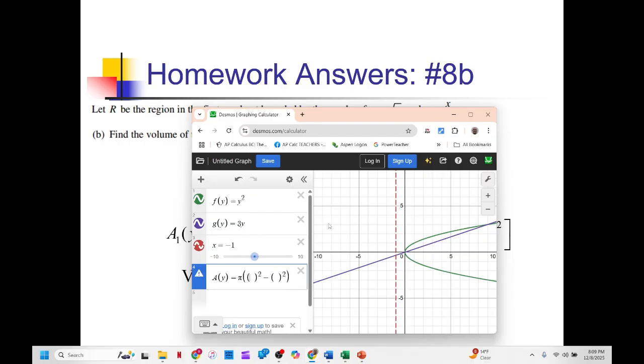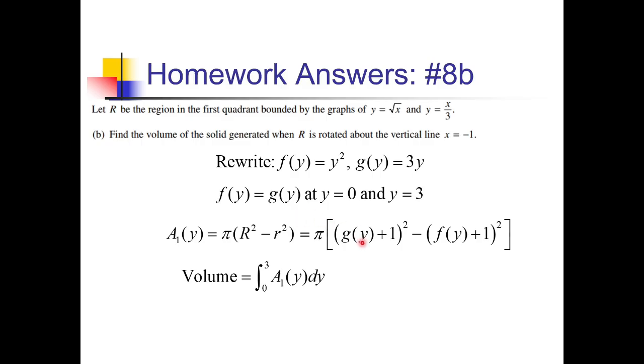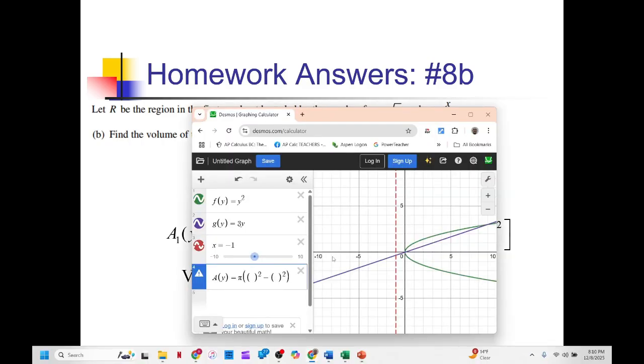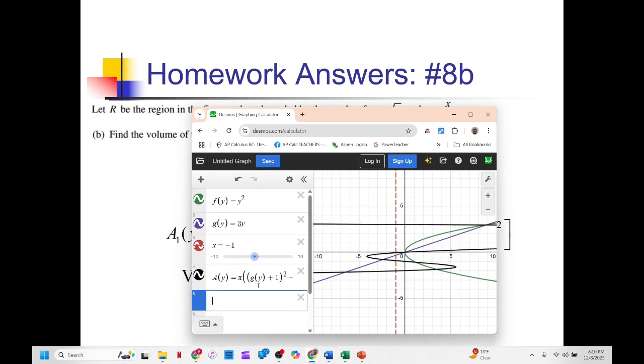Now in this first one, we had g of y plus 1. So g of y plus 1, there we go. And in this other one, we had f of y plus 1. And I don't even want to look at the graph at this point. It's just a mess. But let's deselect that so I don't have to look at it.